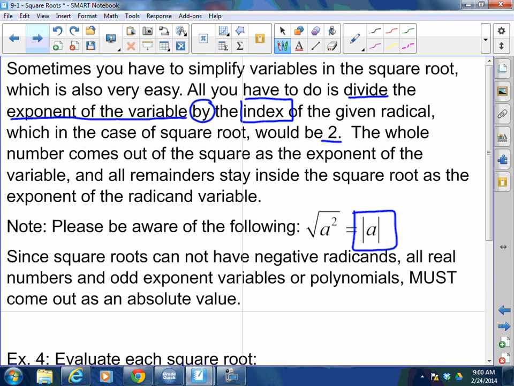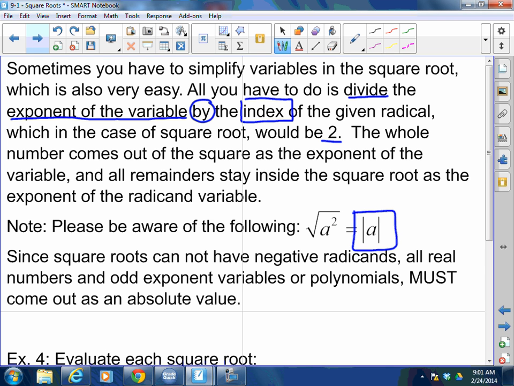Since square roots cannot have negative radicands, all real numbers and odd exponent variables or polynomials must come out as an absolute value. Let me explain this.